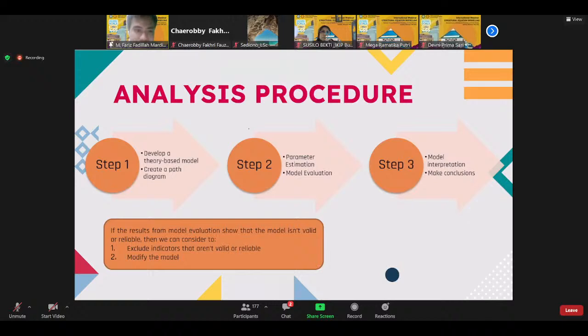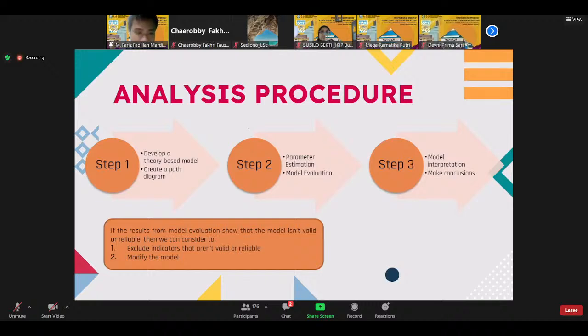If the result from model evaluation shows that the model is not valid or reliable, then we can consider two options. The first, exclude indicators that aren't valid or reliable. So you remove the indicators that make your model not valid or not reliable, and then you redo the estimation process.